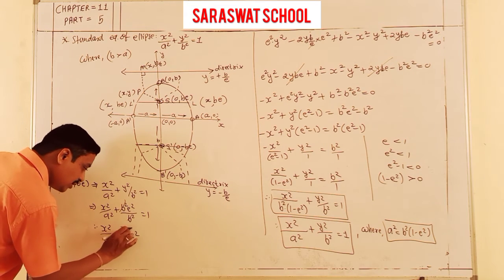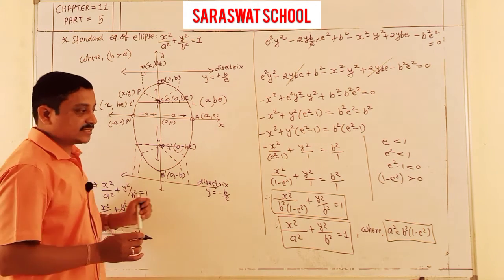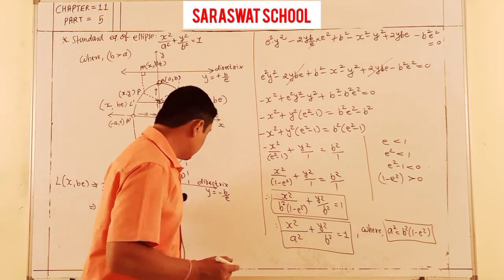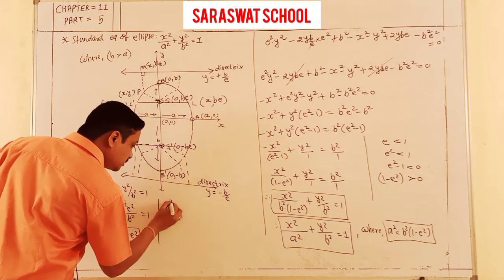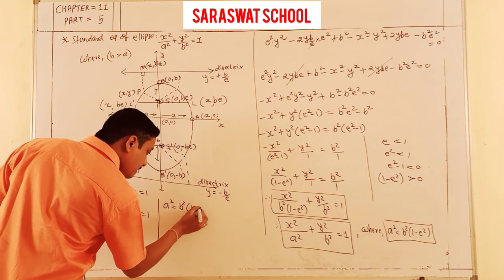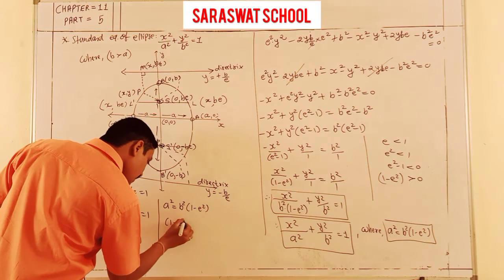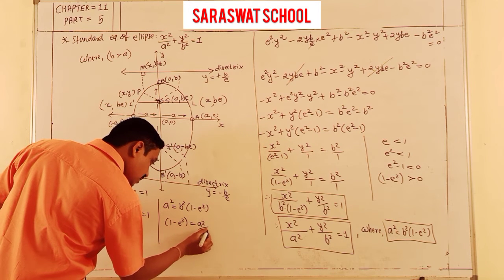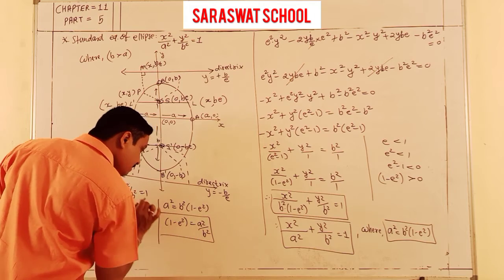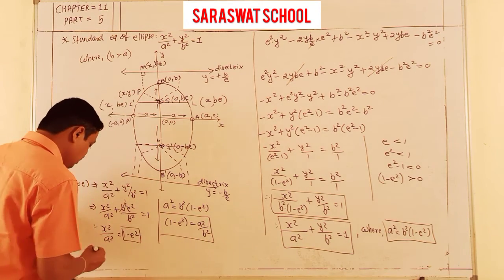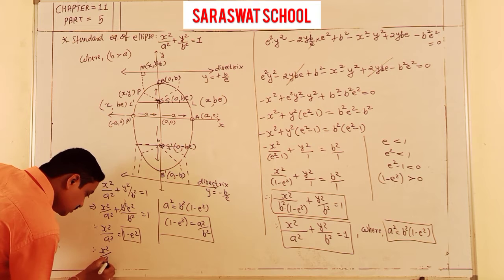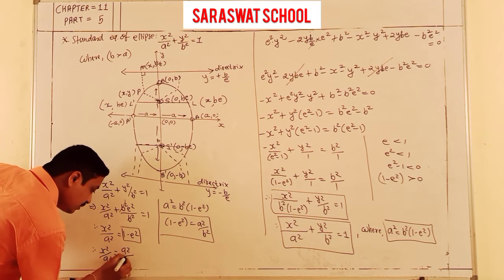So what is your 1 minus e square? Yes, that I know from the condition a square is equal to b square times 1 minus e square, so 1 minus e square is a square by b square, and that value I put down. So x square by a square is equal to a square by b square.